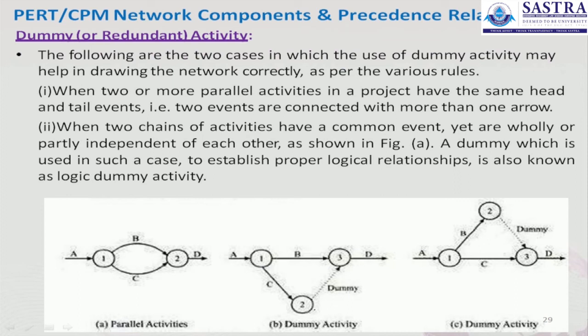The second point is when two chains of activities have a common event yet are wholly or partially independent of each other, as shown in figure A, that is parallel activity. A dummy used in such a case to establish proper logical relationship is also known as a logic dummy activity.